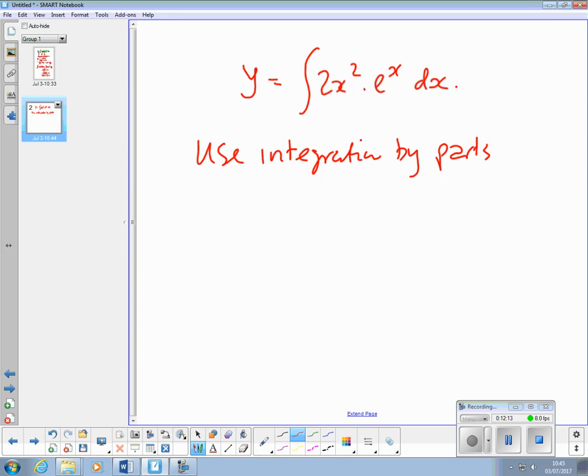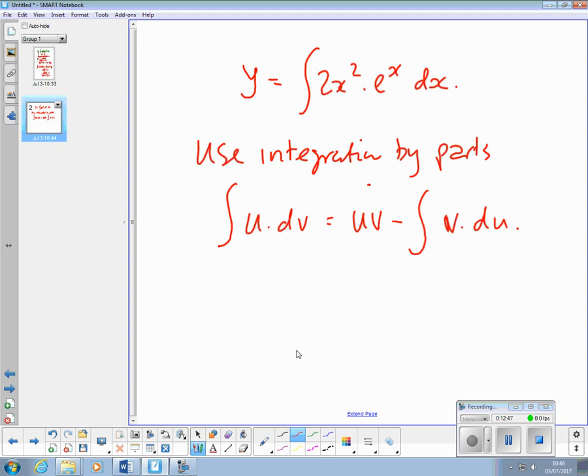So you go to the formula sheet. It's the one at the bottom of the table there. The integral of u dv is equal to uv minus the integral of v times du.